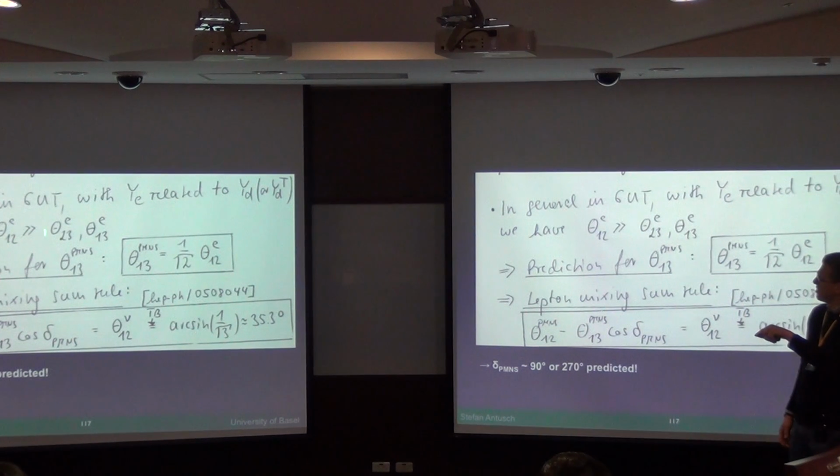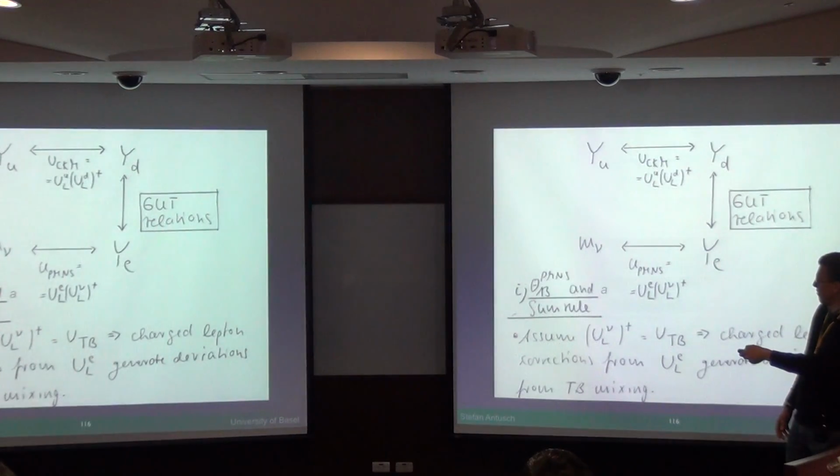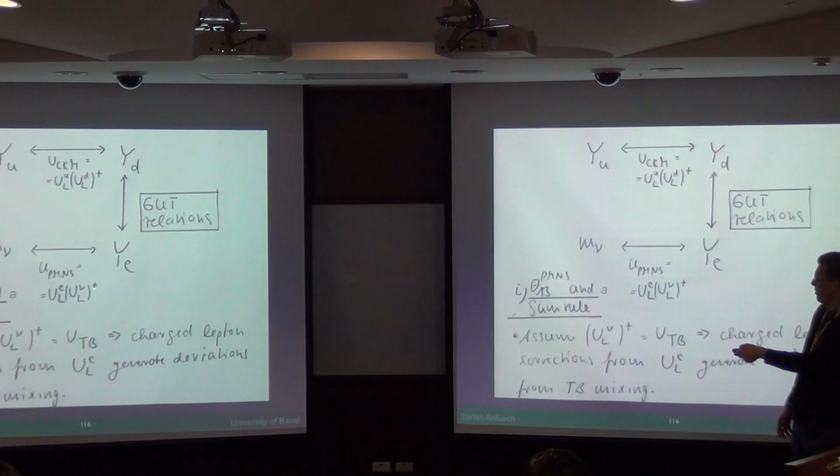And we may think of this as being related to the down quark 1-2 mixing or 2-3 mixing. Okay, then what do you get out of this? You have to calculate this here. For the neutrinos, you have the tri-bimaximal mixing matrix, which has a 1-2 and a 2-3 rotation. And then on top of this, you add a 1-2 rotation from the charged leptons. So you have a 1-2 times a 2-3 times a 1-2 rotation.